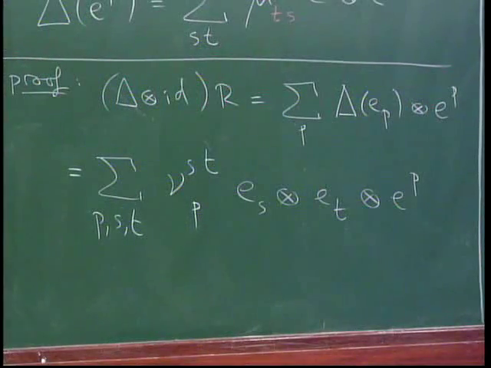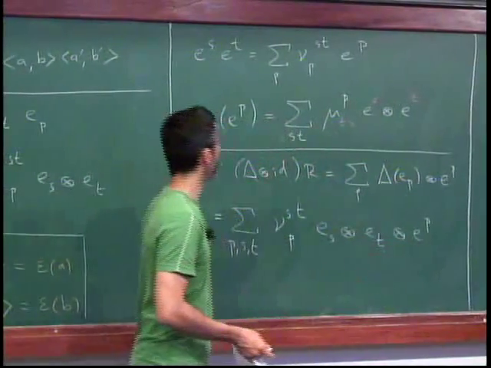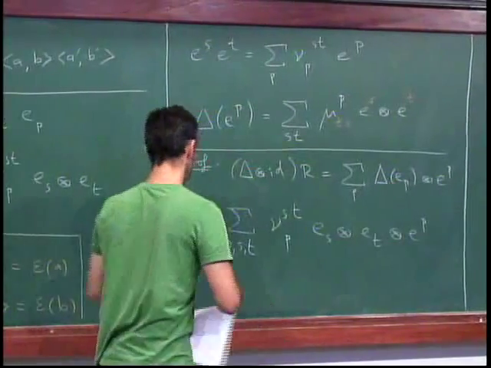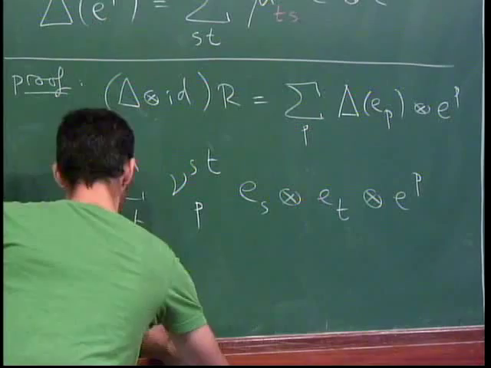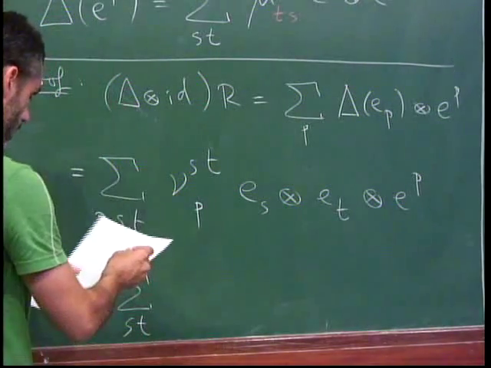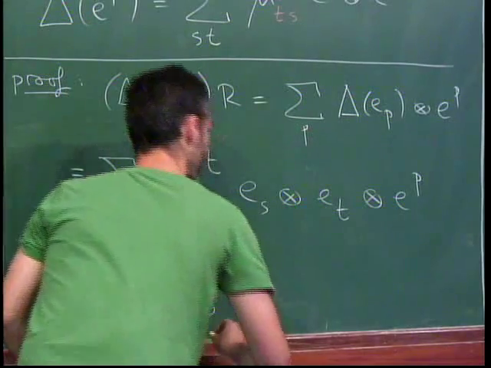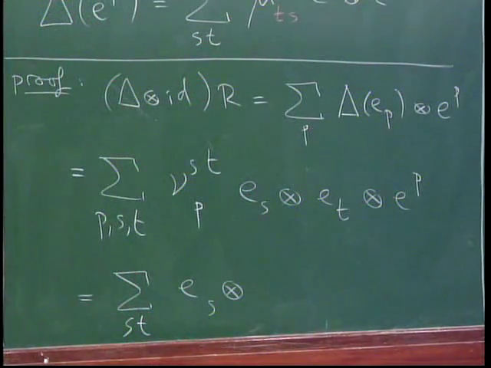Very good. Now we recognize this combination, nu STP EP, as something that appears here. Then we can go back there. So the summation over P disappears. Summation over S and T only. ES, tensor, and now the product. Did I do things wrong? I did things wrong.